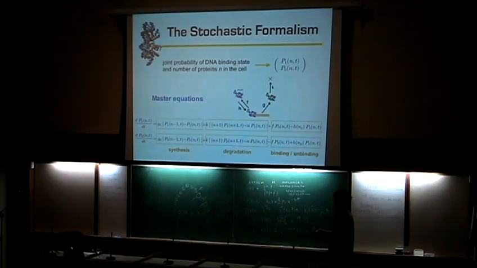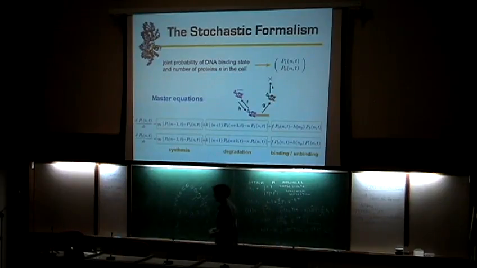So for that specific state, how is it going to change in dt? You consider plus all the rates of going from other states into that one, minus the rates of you going from that state to other ones. So this is what these terms are. This is the difference in synthesis, this is degradation, and you have the binding and unbinding ones here.